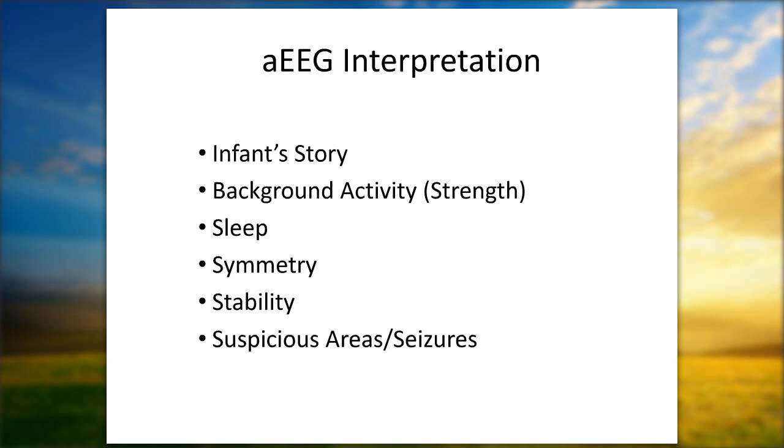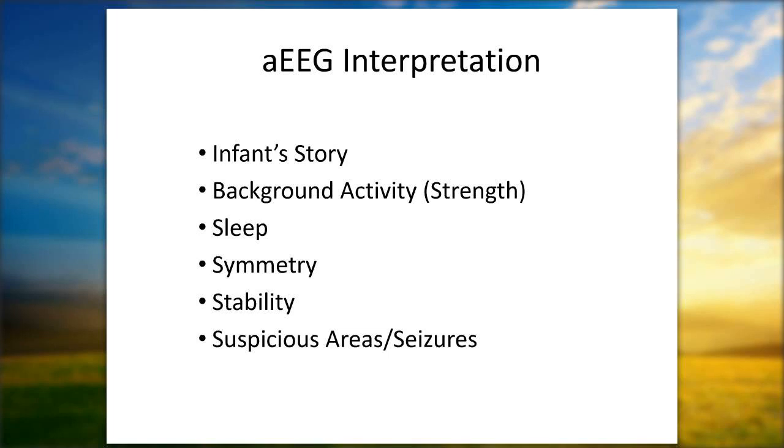So probably if you've seen any of my teachings before, I oftentimes talk about these 6 S's, or 6 items that we should always look at when we're interpreting aEEG. And I think for cooling specifically, it goes really well with all of these pieces. So the 6 S's are looking at the infant story. Then we want to look at the background activity, or the strength of the brain.